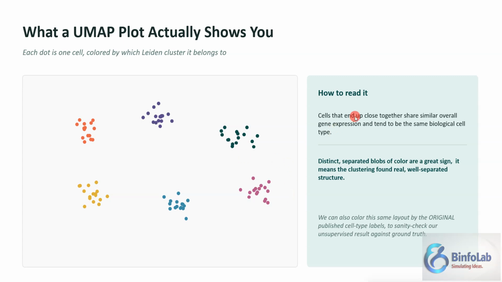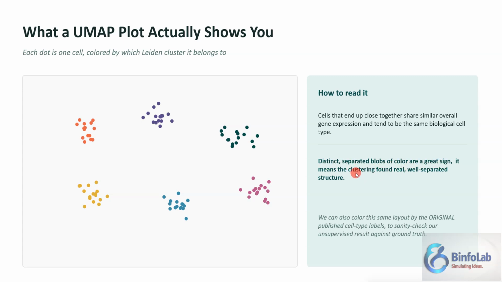Cells that end up close together share similar overall gene expression. For example, this cell and this cell share similar overall gene expression and tend to be the same biological cell type. Maybe not, but tend to be. Distinct separated blobs of colors are a great sign.